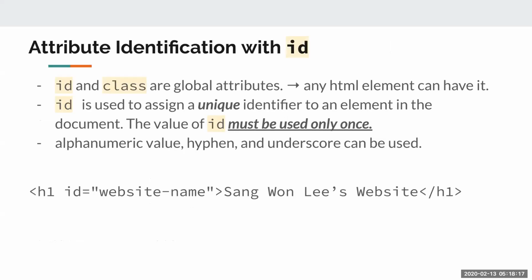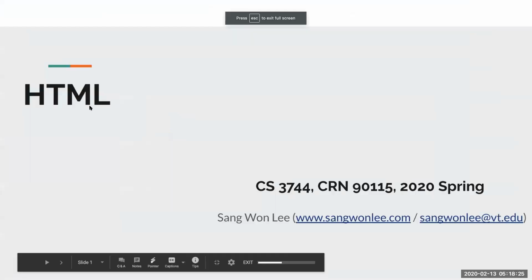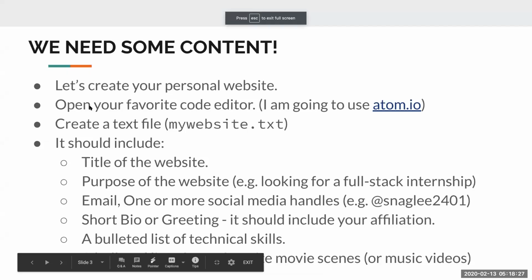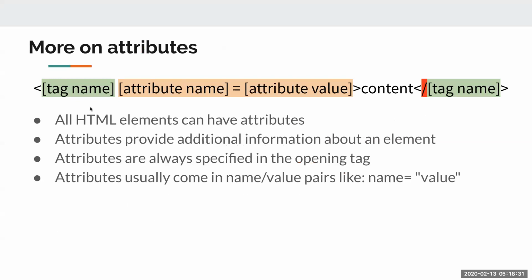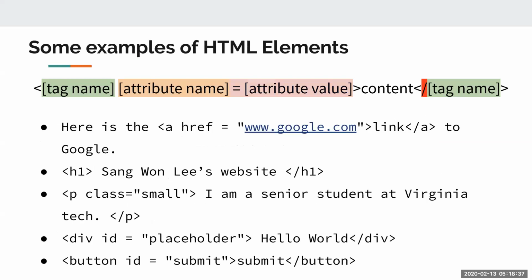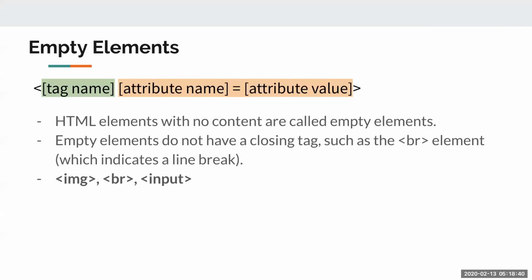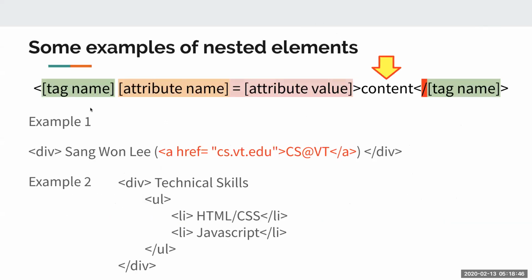Okay, so this is the slide from the last time. We were looking at HTML element syntax, an empty element, which does not have content. And we looked at nested elements.